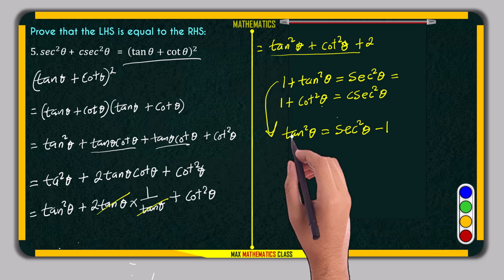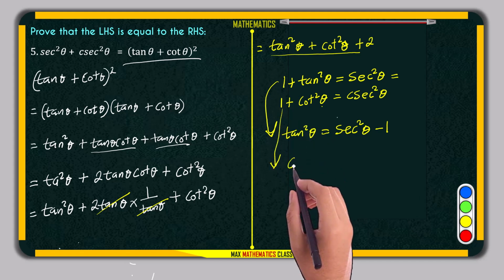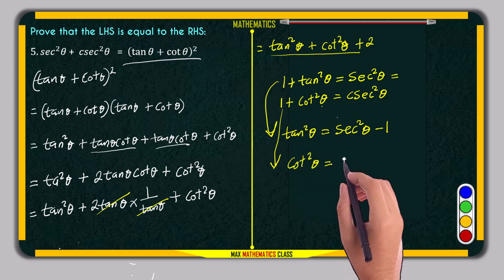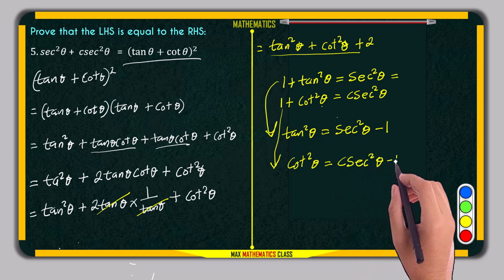If we make cot square theta the subject of the formula too, we are going to have cot square theta equal to cosec square theta minus 1.